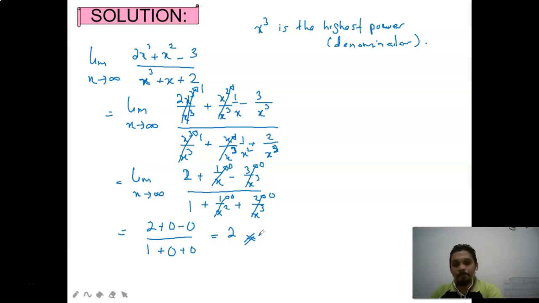Okay, solution number 2: the limit as x approaches negative infinity of the function x divided by (3x squared minus 1). According to this one, x squared is the highest degree of x in the denominator.